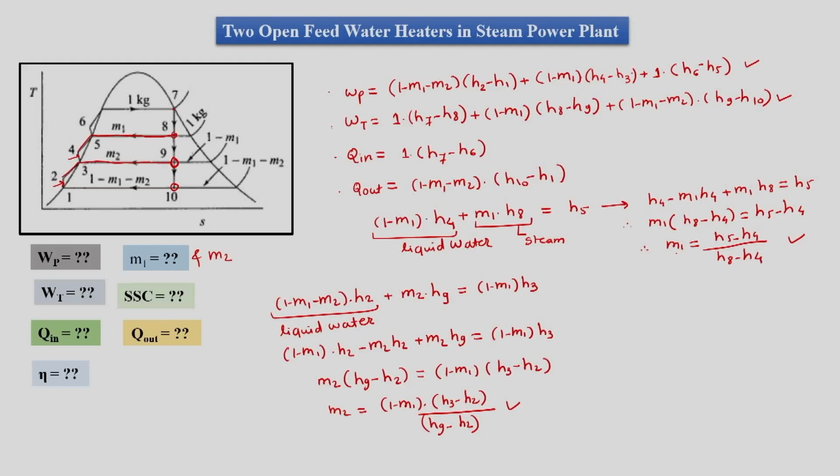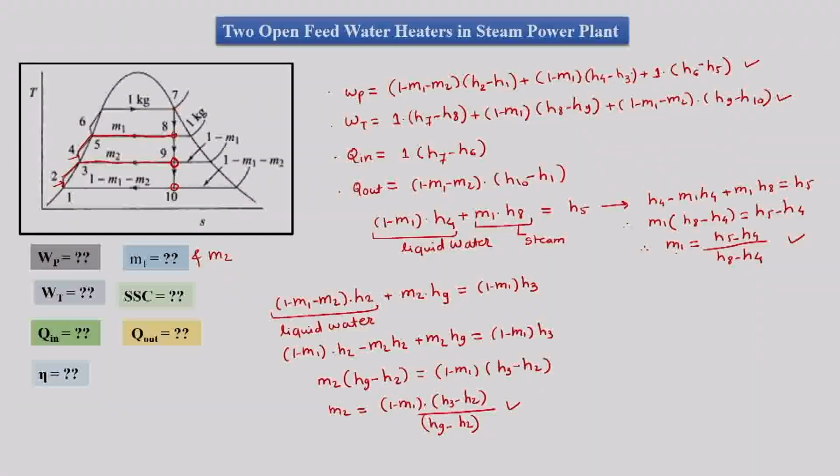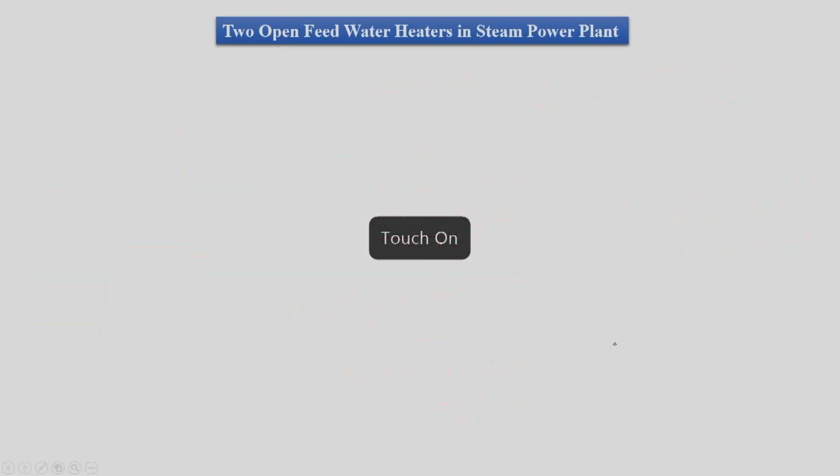As we have said here, this is one way where we are doing mass balance, and we are saying that there is complete 1 kg of steam, but m1 goes in this direction. So in this direction we have 1 minus m1. Then m2 goes over here, then we have 1 minus m1 minus m2.